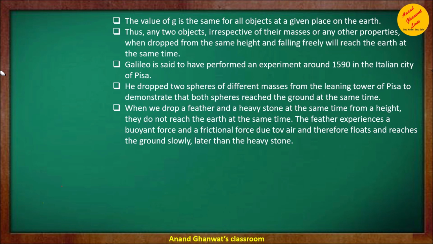Why? Because the feather experiences a buoyant force and a frictional force due to the air. Therefore, it floats in the air and reaches the ground very slowly, later than the heavy stone.